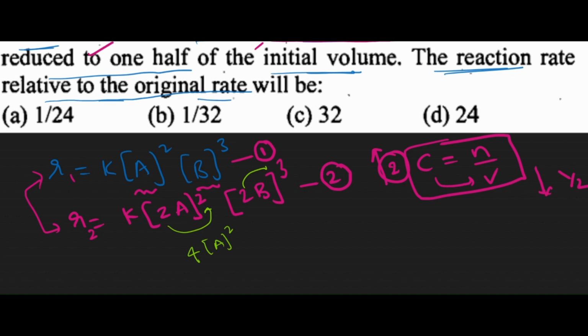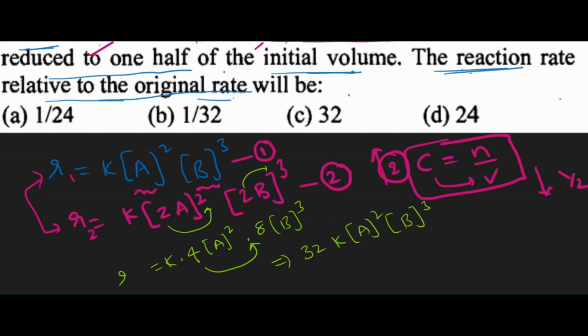And here 2 cube, that means 8, B cube. Clear? So this will be K into 4 into A square into 8 B to the power of 3. Now these two upon multiplying for simplification, I will get 32 K into A square into B to the power of 3.